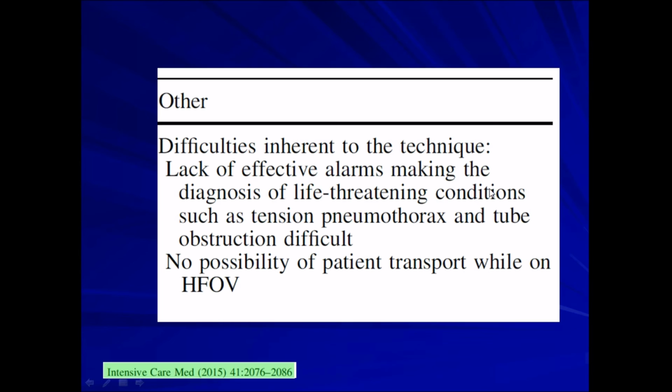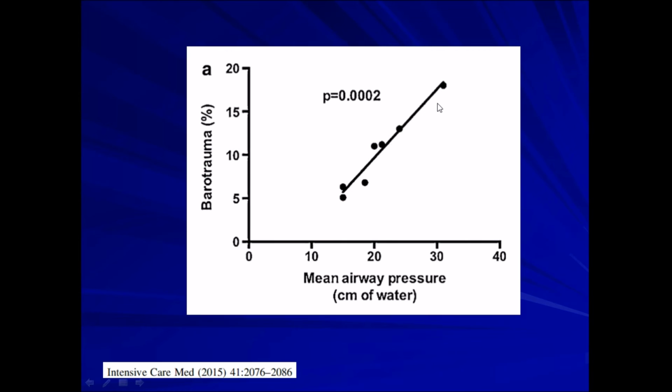If you have a life-threatening condition like tension pneumothorax or tube obstruction, you don't really know if there is a problem, so you have to do something else, like an X-ray or a VBG. There is also no possibility of patient transport while on high frequency. So all of this might have caused the lack of improvement in mortality, or maybe harm, with this machine.